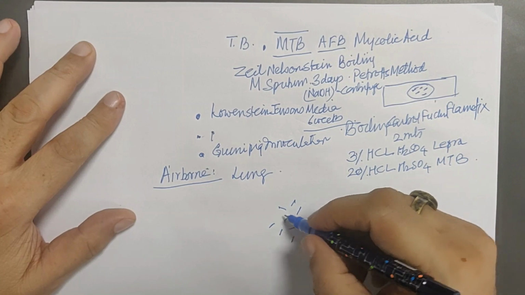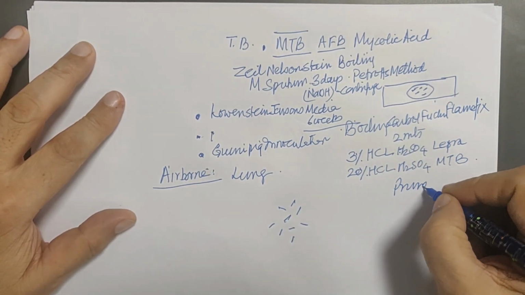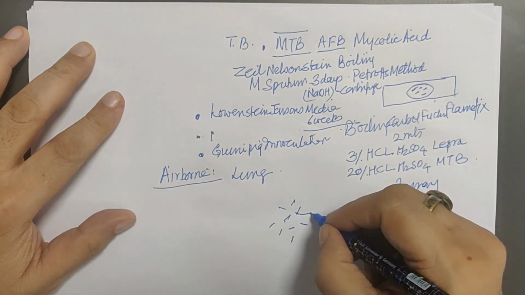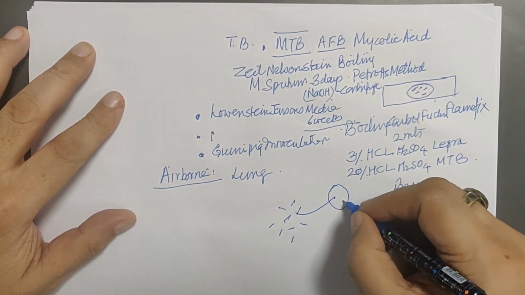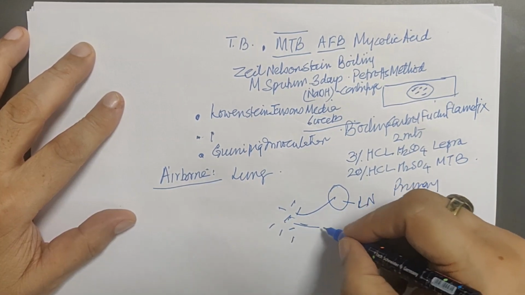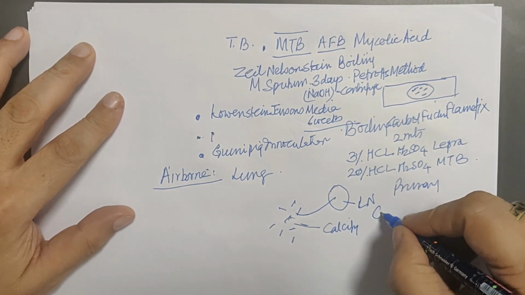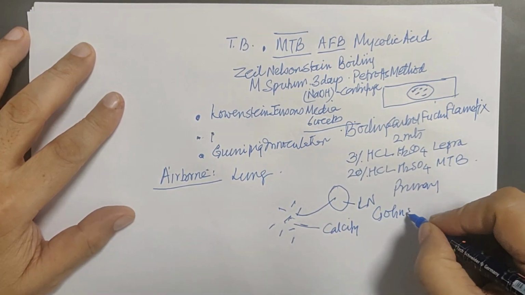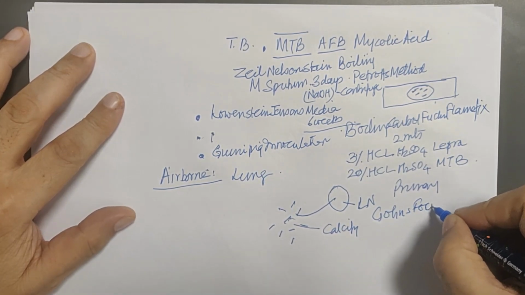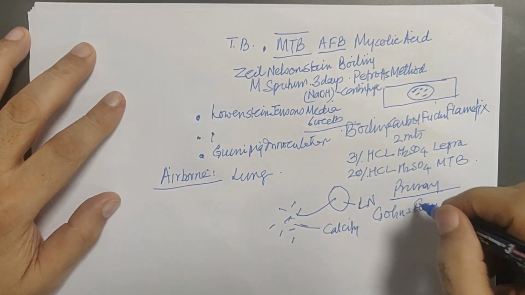When there is no immunity, for example in case of primary infection, this bacteria would travel to the lymph node and this will calcify. This is called Ghon's focus, and it is a type of primary tuberculosis.